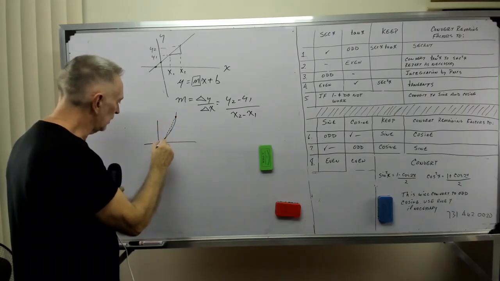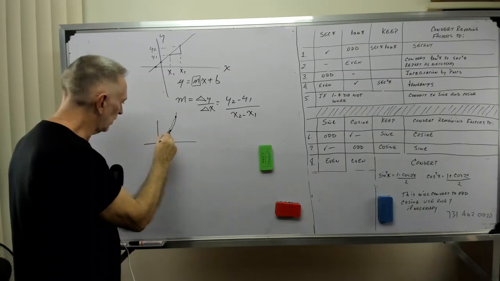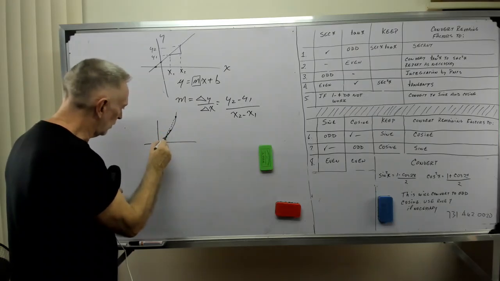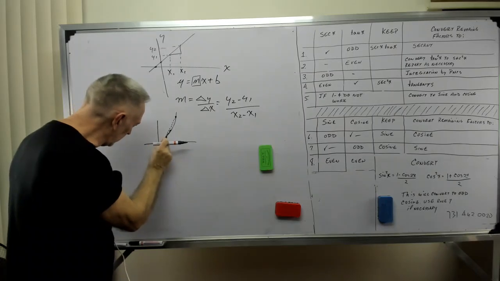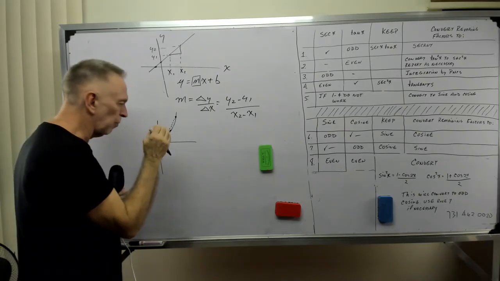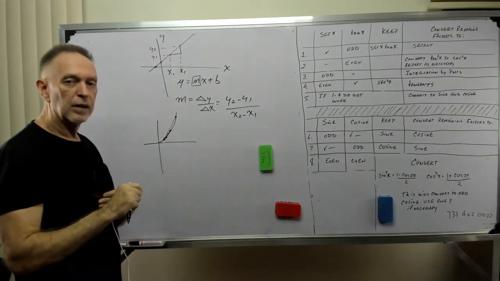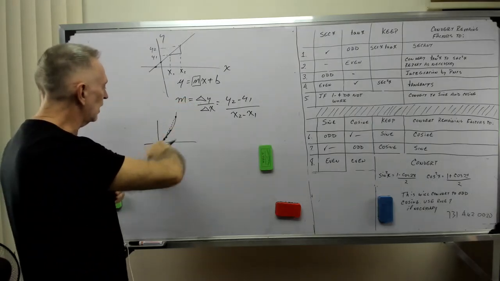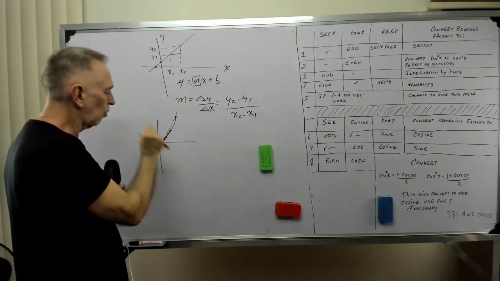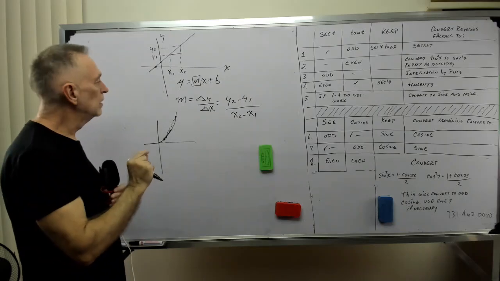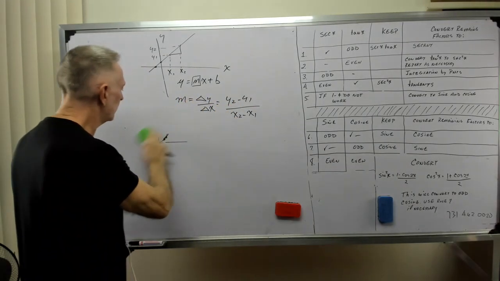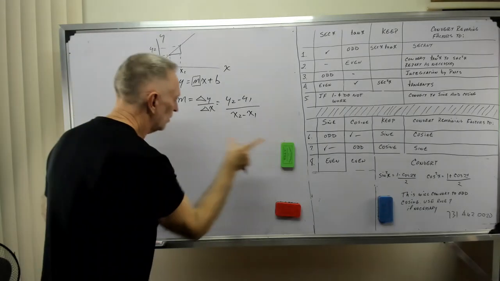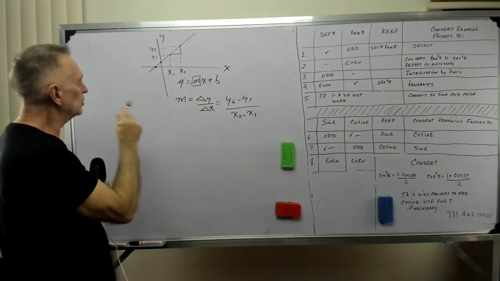If this line goes from here to here, and then from here to here, and then from here to here, what's the slope of that secant line as it gets closer and closer to the point? So they're really trying to do this very thing, but keep it really small. So let's think about that.